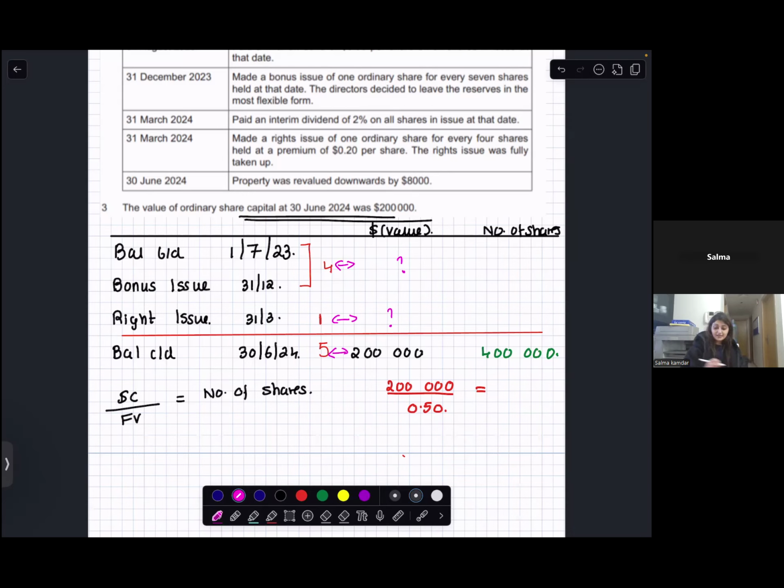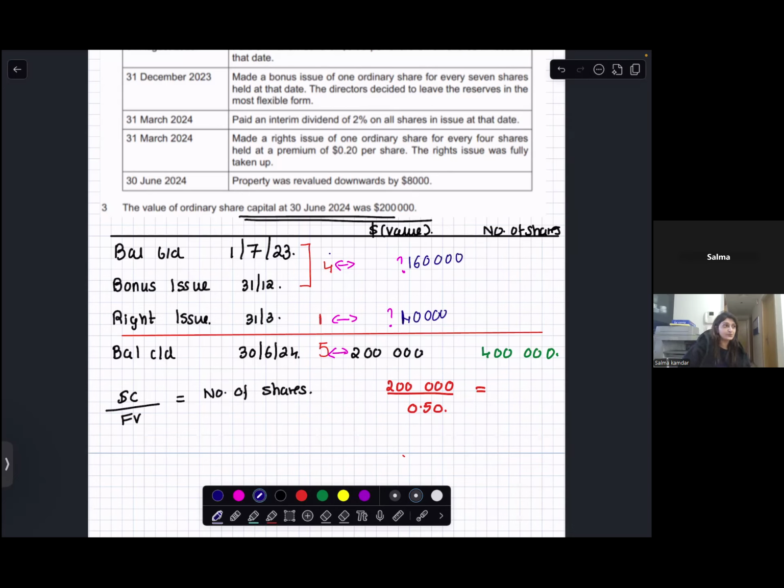Cross multiply. So 200,000 into 1 divided by 5 gives me how much? 40,000. And 200,000 into 4 divided by 5 gives me how much? Are you sure? Sure. 160,000. But this is all in the dollar value.